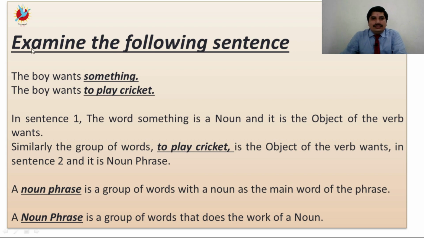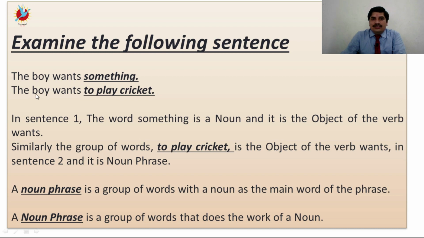So now examine the following sentences. The boy wants something. Here the boy is a subject, wants is the main verb and something is the object, and noun, right? Object of the verb wants. You can see the second sentence, the boy wants to play cricket.